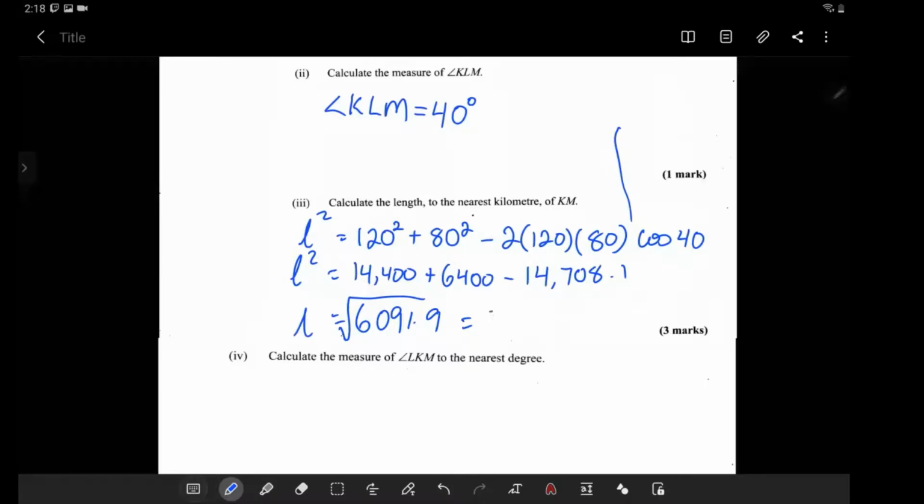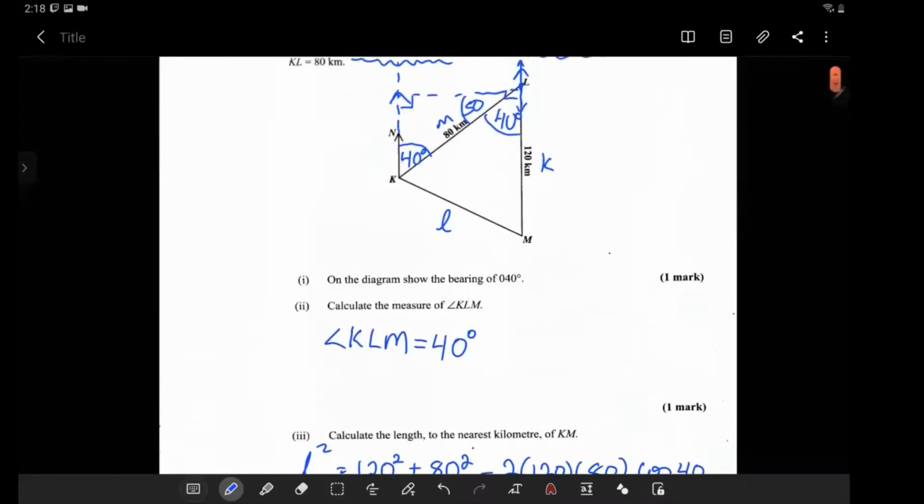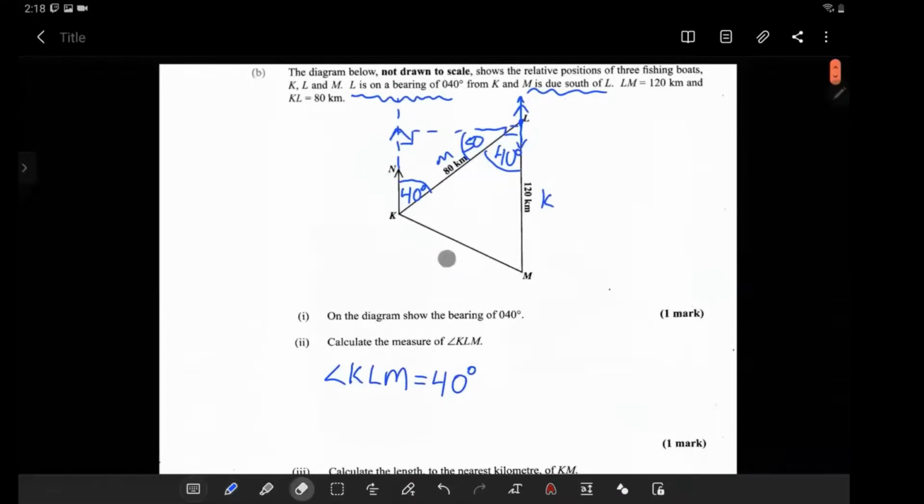So that would be around 78 kilometers. So we can now go back and put the value of this side, which would be 78 kilometers.